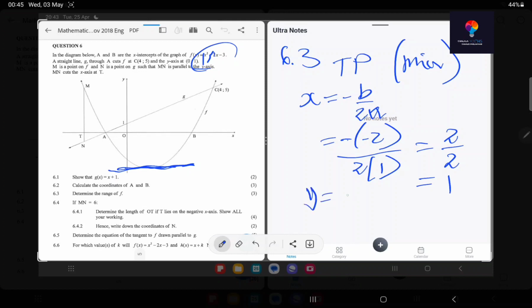Then y is going to be 1 to the power 2 minus 2 times 1 minus 3. So 1 minus 2 minus 3 is therefore going to give us the answer, which happened to be minus 4.